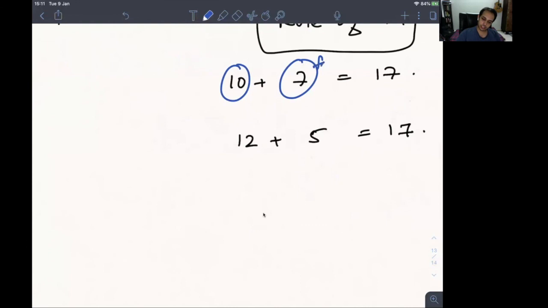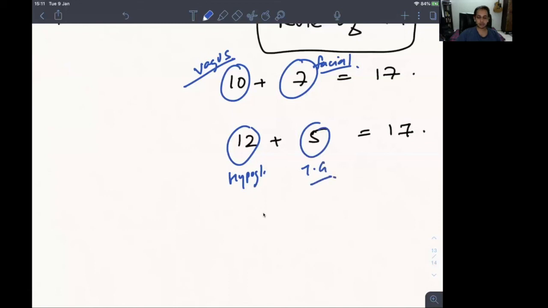So this is your facial, this is your vagus, this is your hypoglossal, this is your trigeminal.